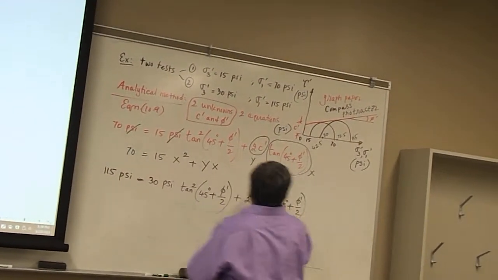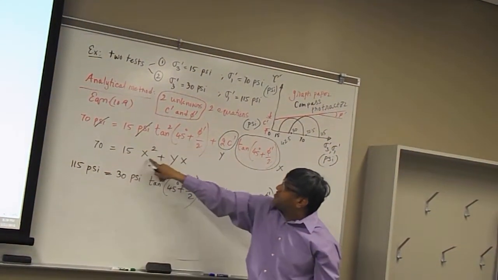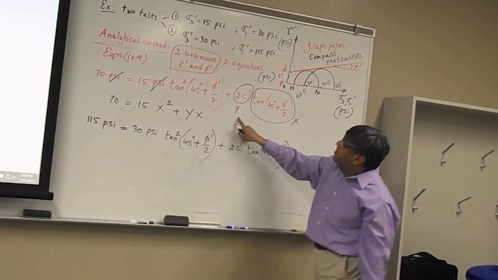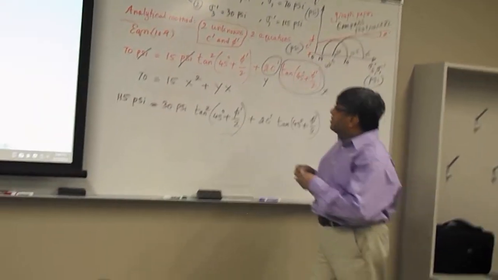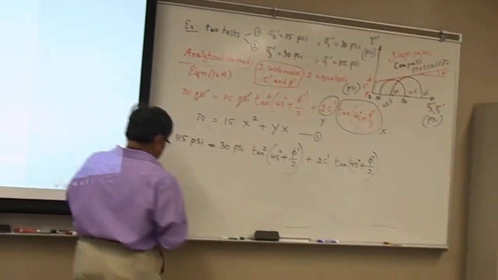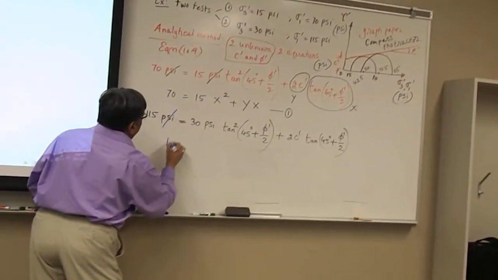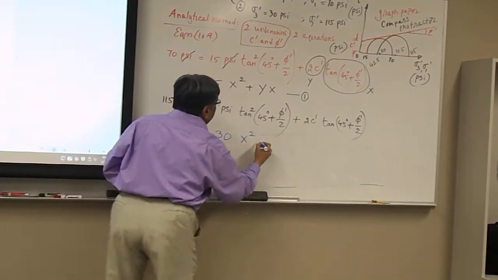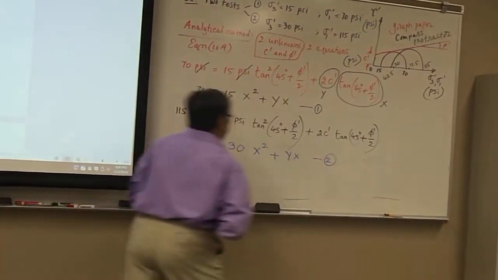That means if tan of 45 degree plus half phi prime is x, this tan square is x square, so there is no y here, 15 x square, and 2c is taken as y, so yx. So this becomes equation 1, and here in the same way you can write 115 psi equals 30 times x square plus yx. This becomes equation 2.